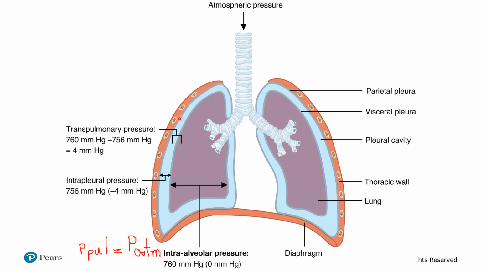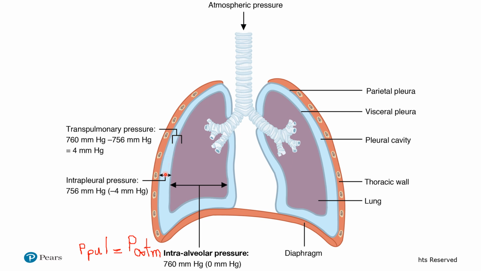It is tightly bound to the rib cage, and between these two layers there is a space which is known as the pleural cavity. This pleural cavity has a negative pressure, -4, and it is very important because this negative pressure is responsible for keeping the lungs inflated. This negative pressure pulls the lungs outward.